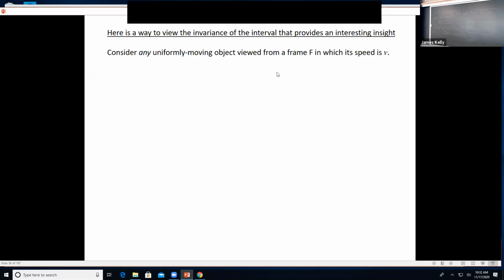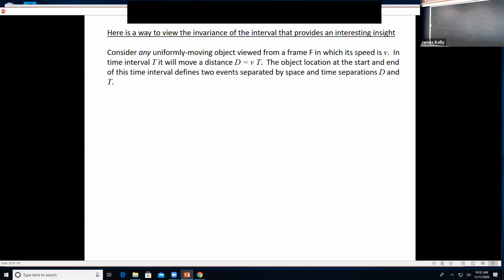So it's moving with some speed v in some direction, right? We could consider two different events that it's present at. In any case, it moves a distance d in a time t, as seen by whatever random frame that we've chosen to view it from.